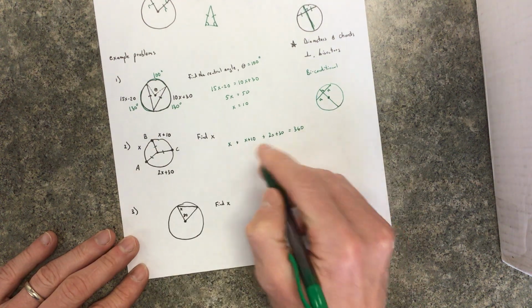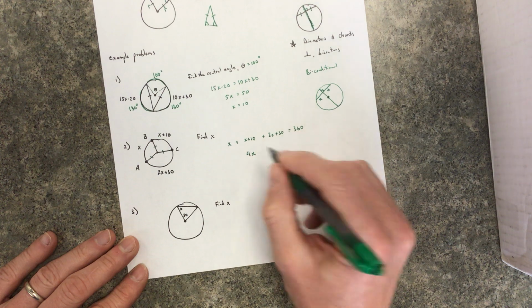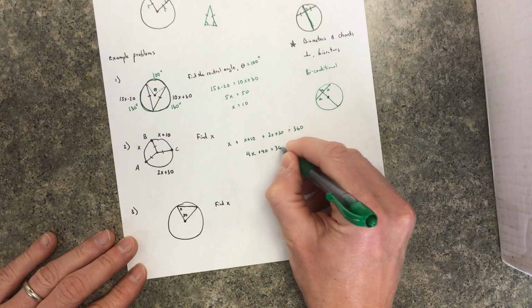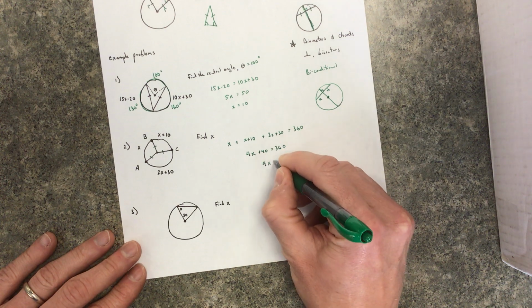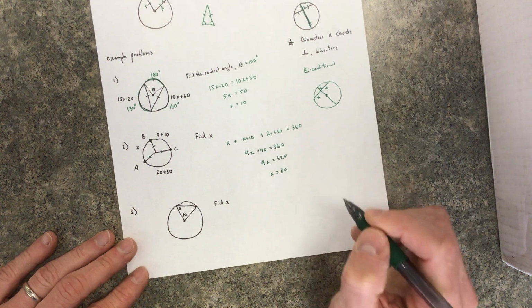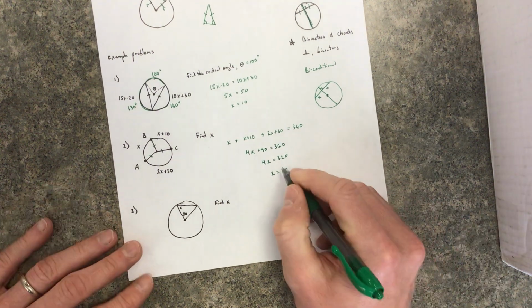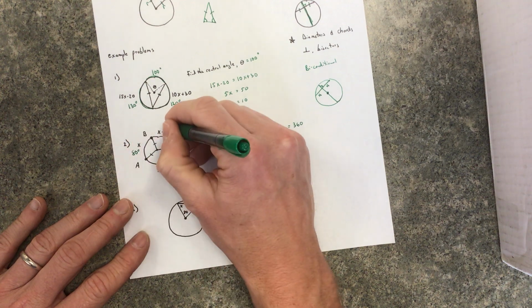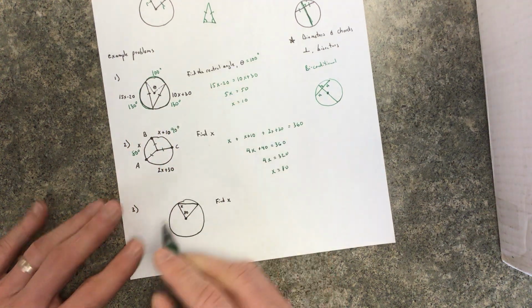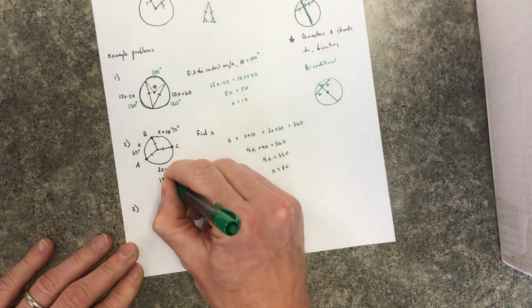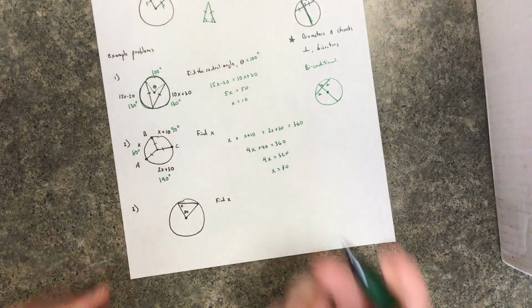So an x and 2 x's, well, that's 4x. A 10 and a 30 make 40. Subtract 40 and get 320 and get x equals 80. Bingo, and I got it. X has to be 80. This is 80 degrees, 90 degrees, and 2 times 80 is 160, and that's 190 degrees. And again, if you add those 3 up, you get all the way around.